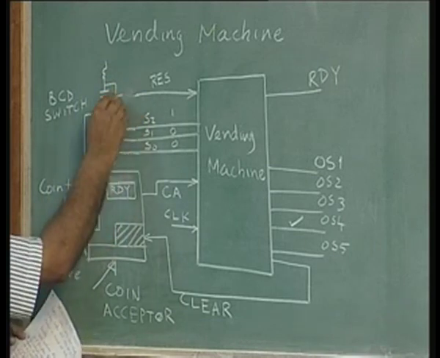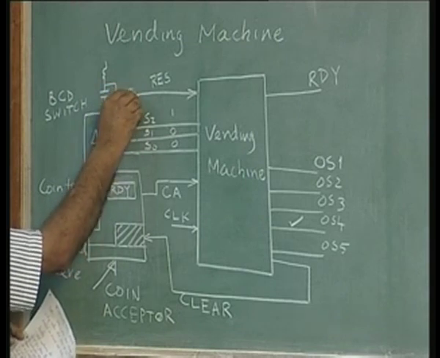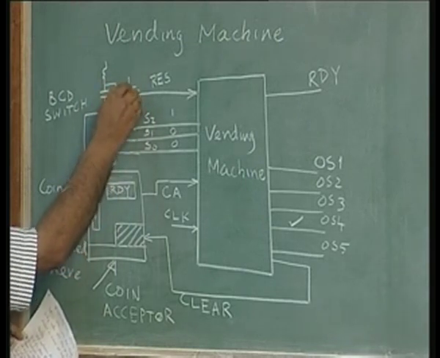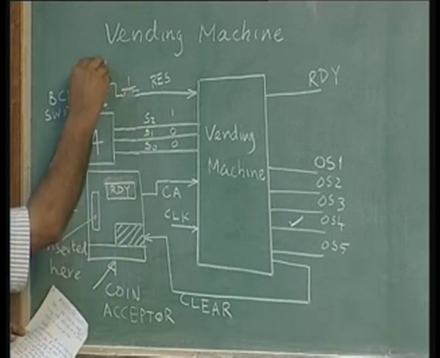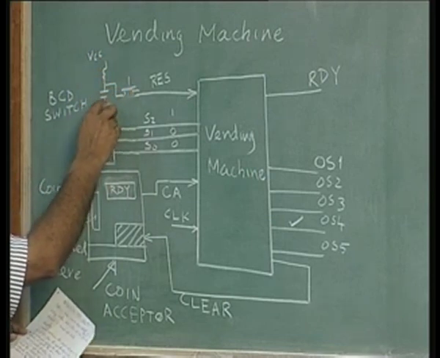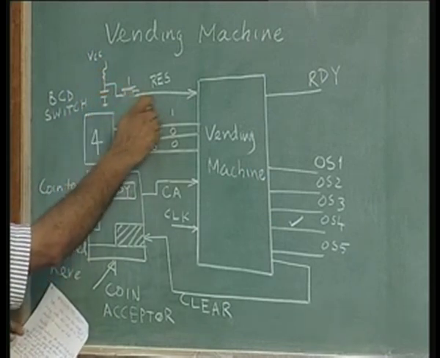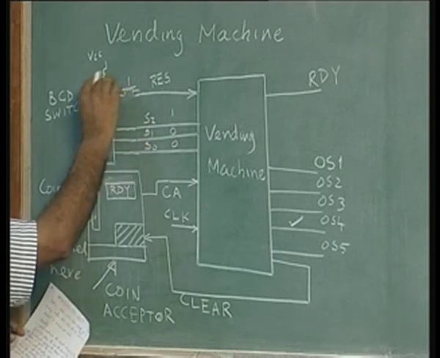Normally this is high, this is VCC. When you short this, what will happen is, this capacitor gets charged full value.